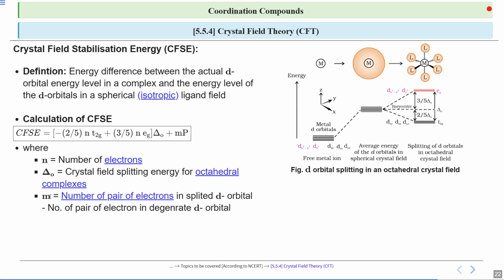Like in the initial case and after the splitting, what is the number of pairs of electrons we get? That difference is m, and p is our pairing energy. So this is the formula you can use for the calculation of crystal field stabilization energy.